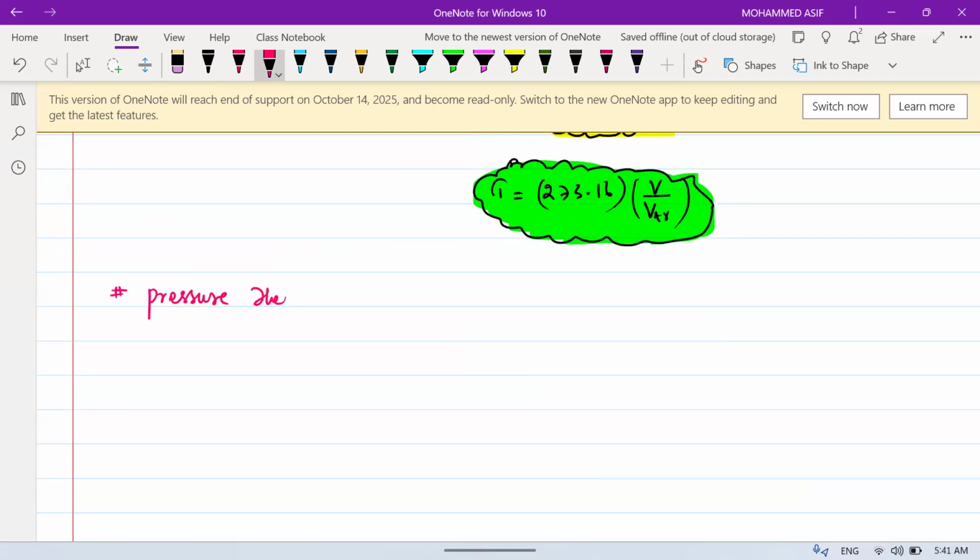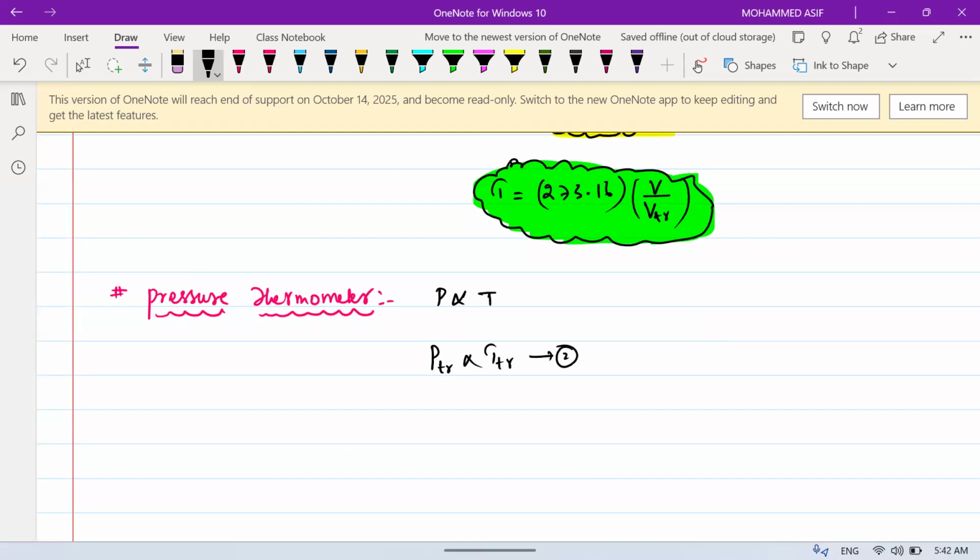Pressure thermometer. Pressure thermometer works again on the same principle, beta. It says that here pressure is directly proportional to temperature, and pressure at your triple point is directly proportional to temperature of your triple point.